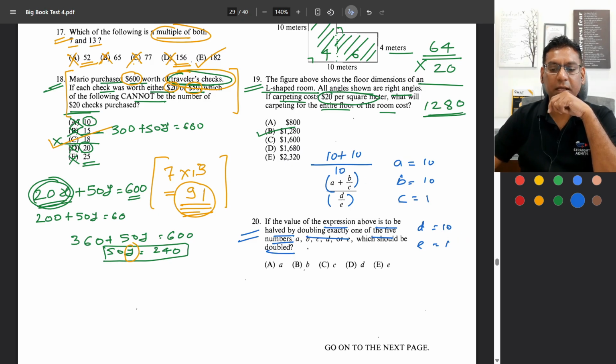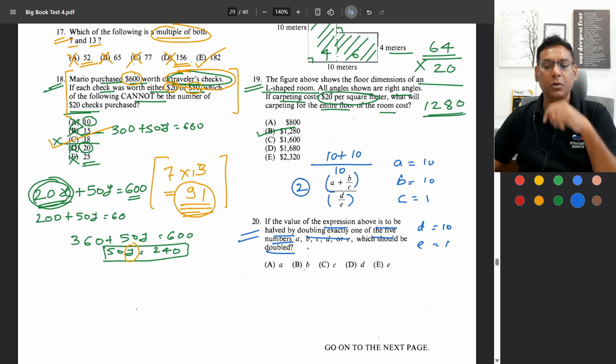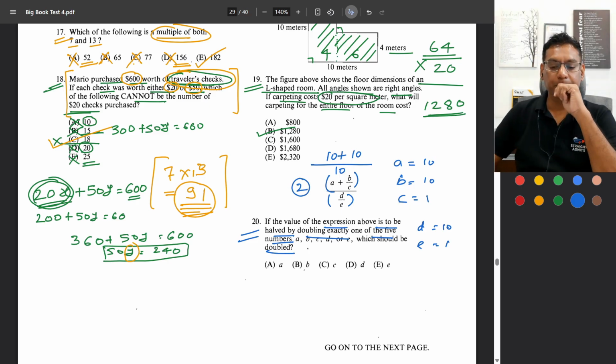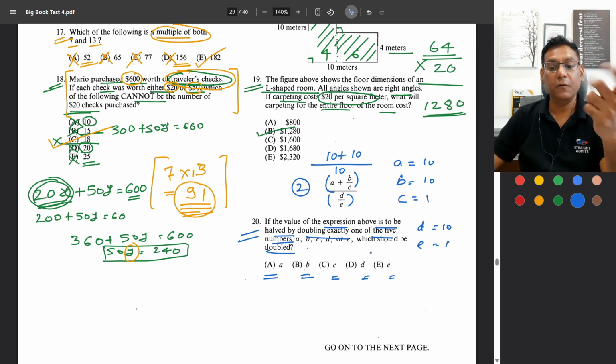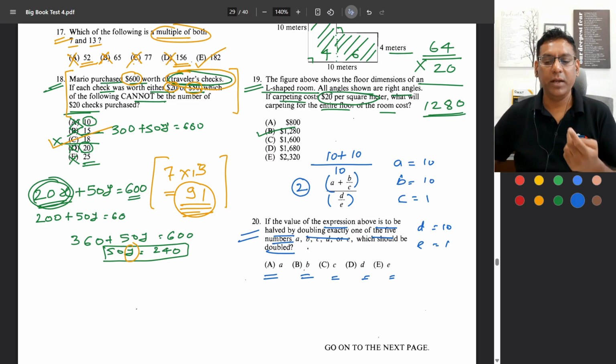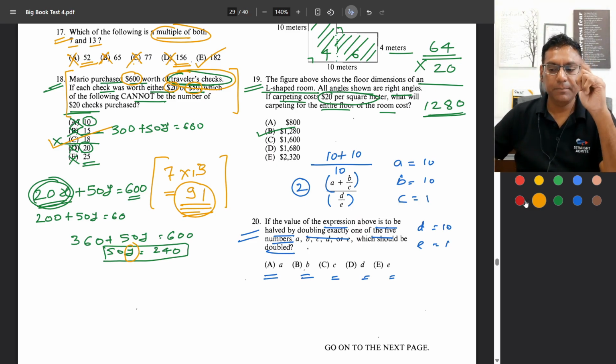So 10 plus 10 by 10, you get 2. Now I'm going to double A or B or C, D, E and see if I get 4 as the answer. You could do it that way, but that's a very roundabout way of doing it. But if you do it logically, I recommend that you do it this way also.